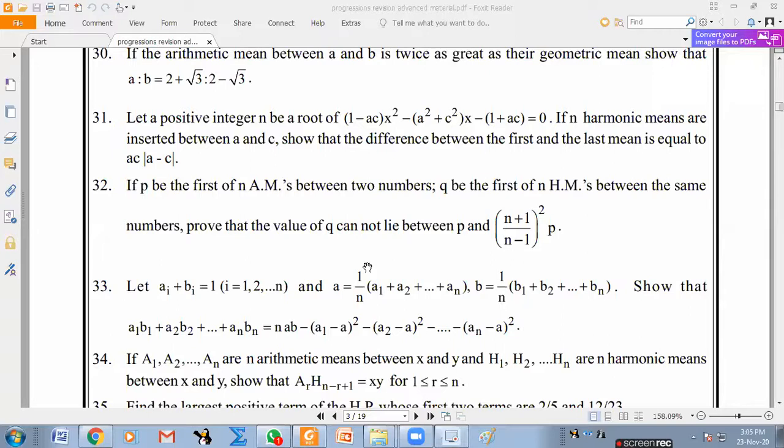Okay, next you have to try 33 and 34, of course, we already thoroughly proved in the class.